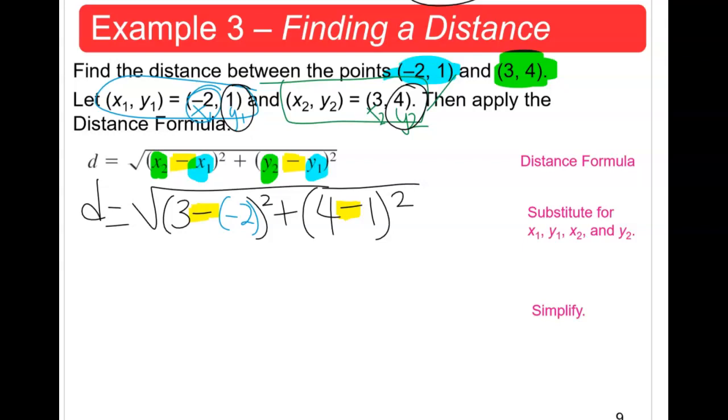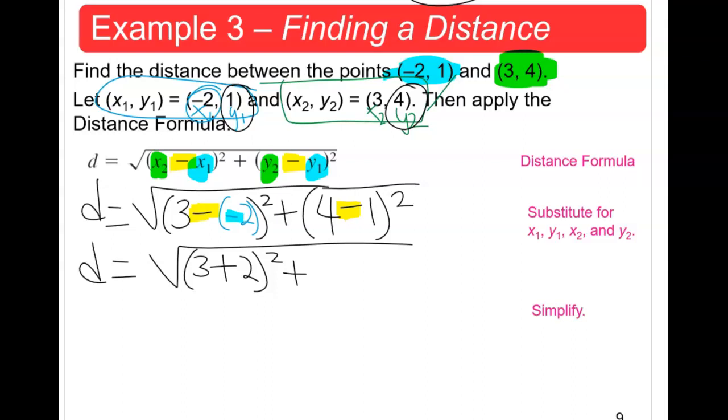And the negative that you see here is part of the number that we substituted. So the next thing for me to do will be to take care of what's going on inside those parentheses, and so the negative in front of a negative number is going to cause that number to turn into a positive. So we have that.